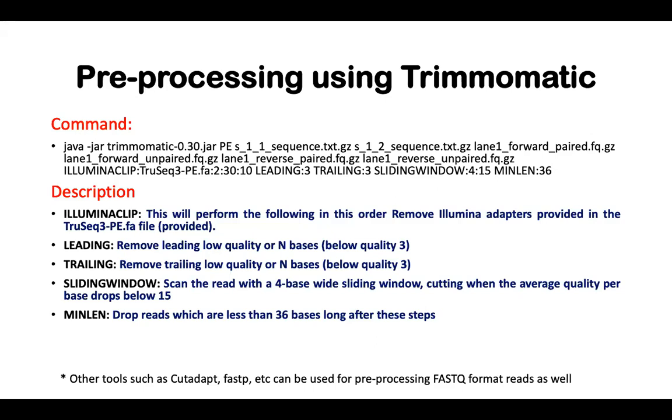Okay, so once you've done trimming, you can choose any of these softwares. Trimmomatic is just one. You have Cutadapt, fastp, and a few others. Let's say you've done your pre-processing, you've trimmed off your primer sequence, and you've filtered off poor quality reads. The next step is again running it through FastQC to check whether your data now looks good, right?